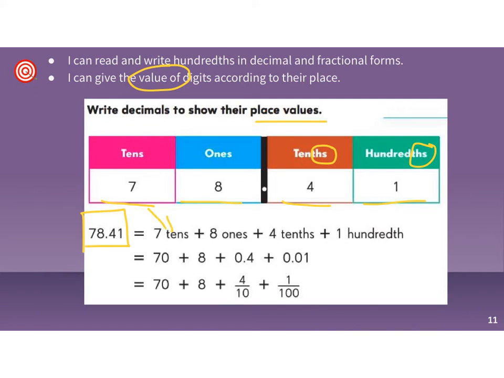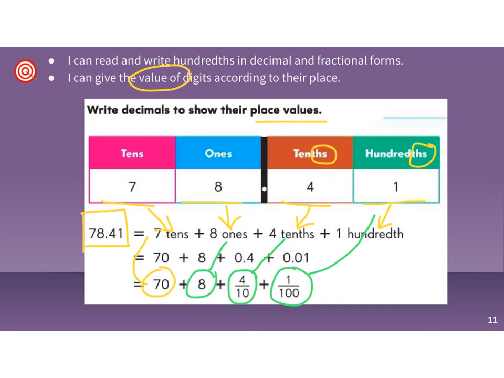So 7 tens, 8 ones, 4 tenths, and 1 hundredth. So if I think about the value of each of those, 7 tens has the value of 70. 8 ones has the value of 8. 4 tenths has the value of 4 tenths as a fraction, and 1 hundredth has the value of 1 hundredth as a fraction.